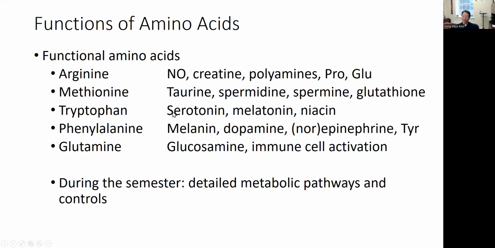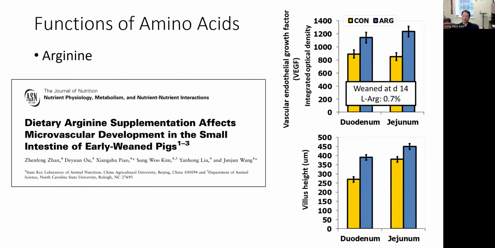But before we finish, I'd like to just show you one paper. It's about arginine. Because I spent years of my research time related to arginine, and this is just one example of the research. This was a collaboration with my colleagues at China Agricultural University in Beijing, China. We fed newly weaned young pigs.